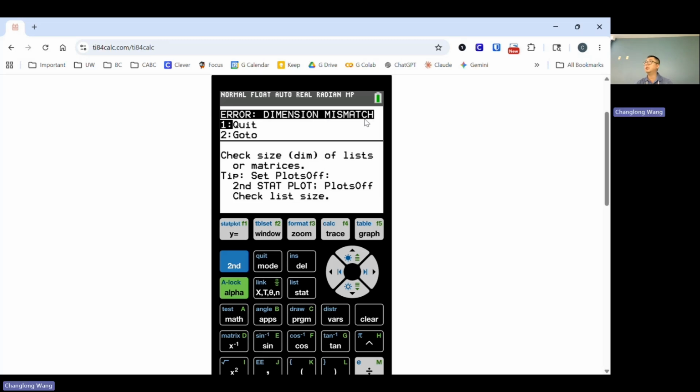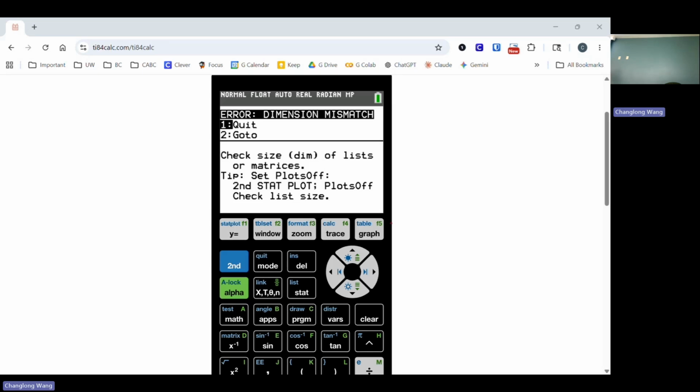Dimensions are another way to say the order of the matrices. The rows and columns don't match. So now let's go back to see what's wrong with the matrices. First off, A and C. What's the order of A? Rows and columns: 2 by 3. The order of B is 3 by 2. Do they multiply? Yes, we did that already.